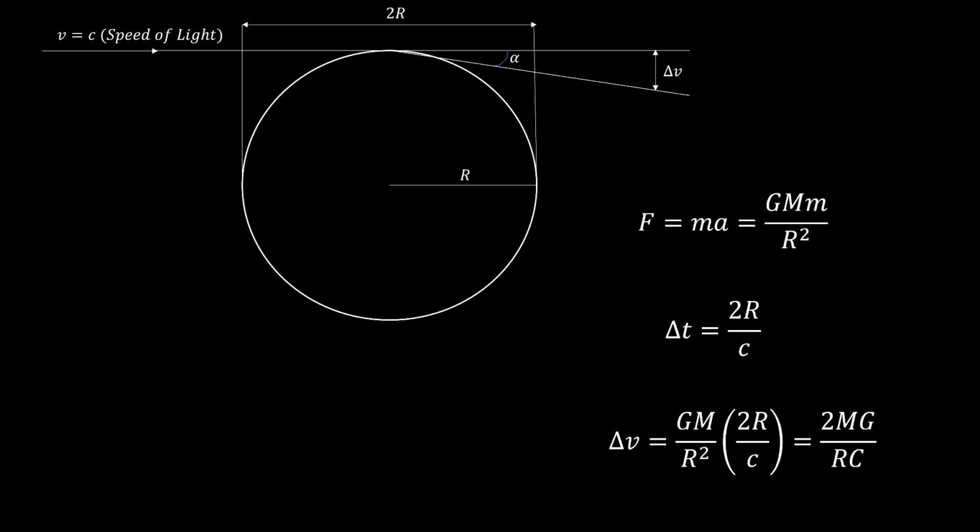So the little m's cancel, which gives you an acceleration of GM over r squared. Now, a change in velocity is equal to the acceleration times the change in time, delta t. For practical purposes, the gravitational impact of the massive object is at its maximum as the photon travels a distance of 2R. So it's actually maximized in this region here.